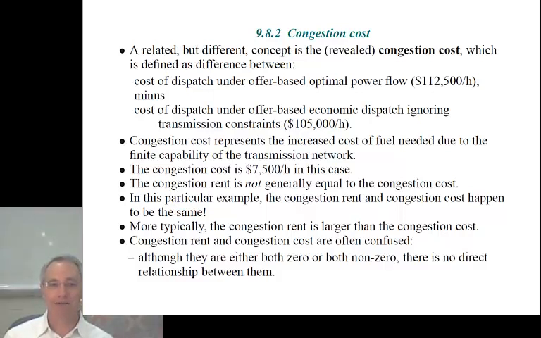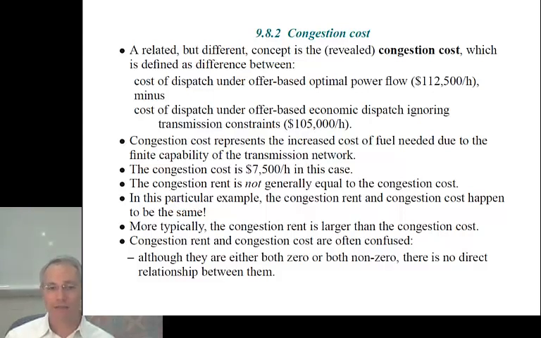It's defined as the difference between the cost of dispatch under offer-based optimal power flow minus the cost of dispatch ignoring transmission constraints. Congestion cost represents the increased cost of fuel needed due to the finite capability of the transmission network. In this case, the congestion cost is $7,500, which happens to be the same as the congestion rent.